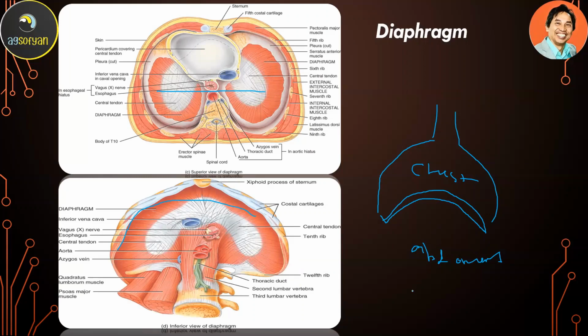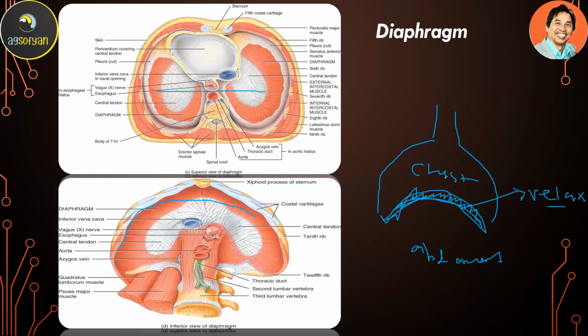Okay, so we'll continue. This diaphragm muscle looks like an umbrella. When it is relaxed, it's actually curved like an umbrella over here.